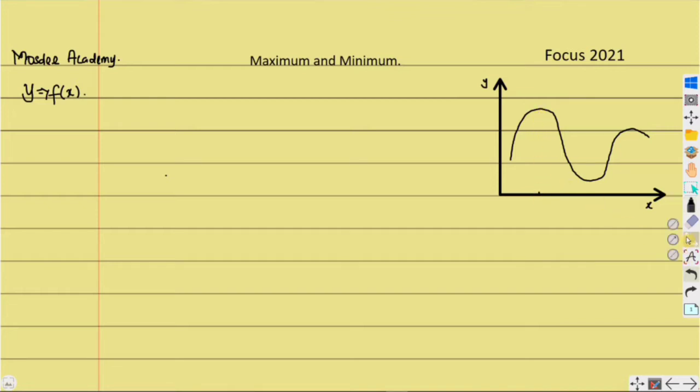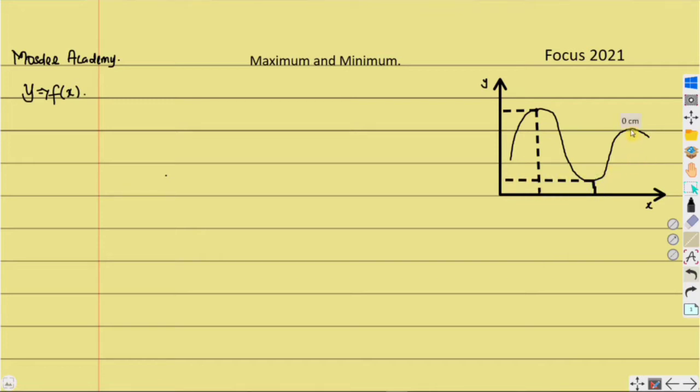We trace it up to the graph. At this particular point, that is the point x1, and the equivalent point is giving us y1. The same thing is applicable to this point, say at x2, and it's giving us another point, which is y2.